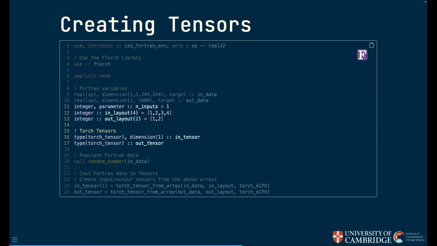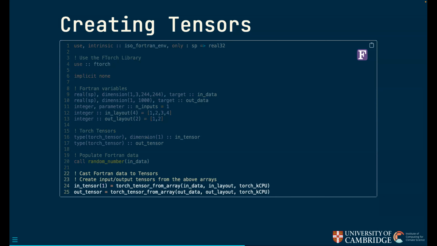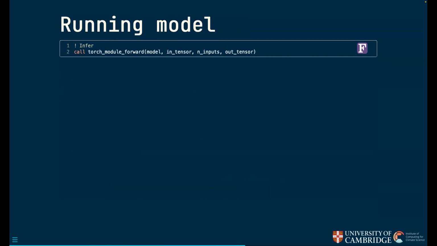And then to cast these real Fortran arrays to this format, we've got the method torch_tensor_from_array, where we pass it our data, a layout, and then the device that we want this to be running on, the CPU. And this will deal with all the conversion to pointer and casting ready to be passed into the call to the PyTorch API.